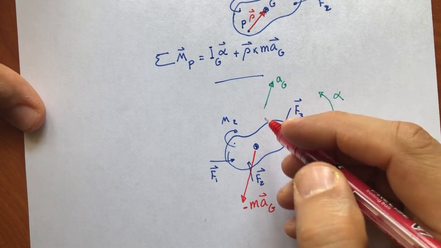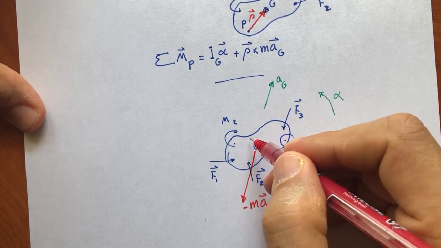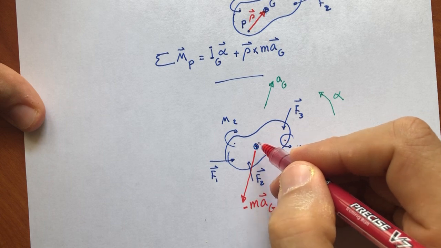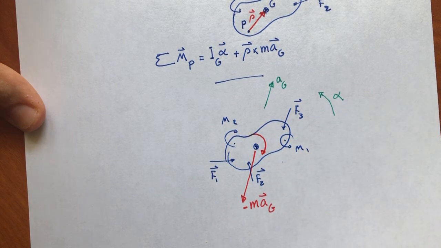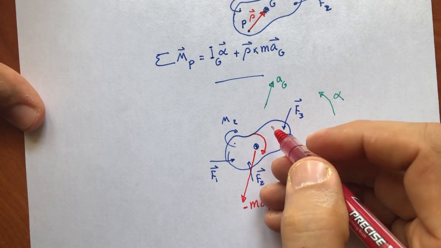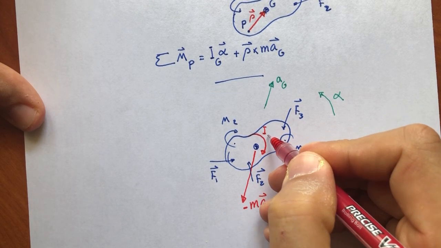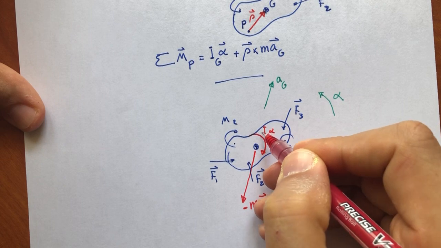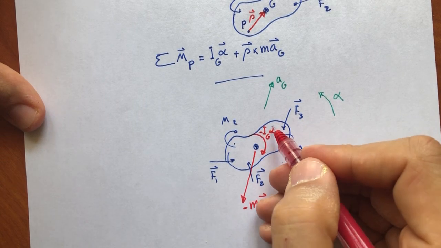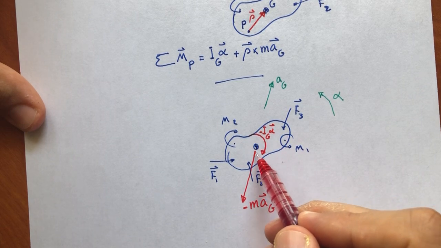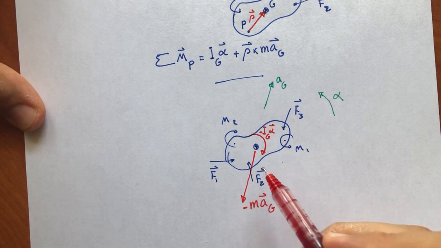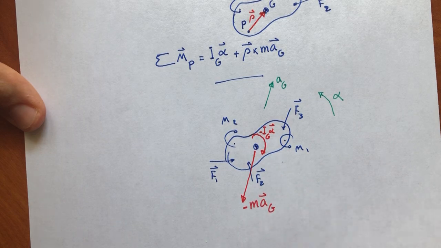And also, we need to add an imaginary moment or torque opposite to the direction of alpha. And the magnitude of that is going to be IG times alpha, actually negative alpha. And this is a moment. Moment is a free vector. You can put it anywhere you want. It doesn't have to be at this point.